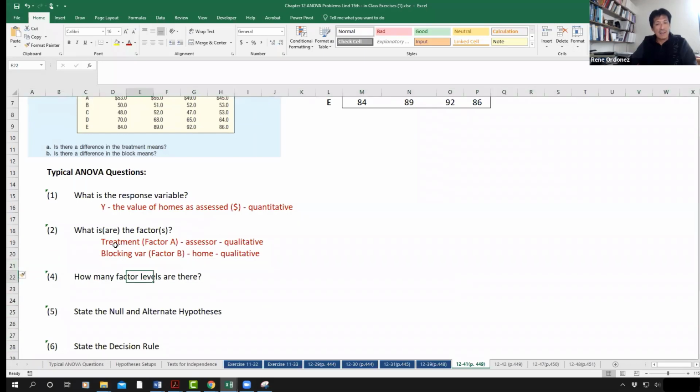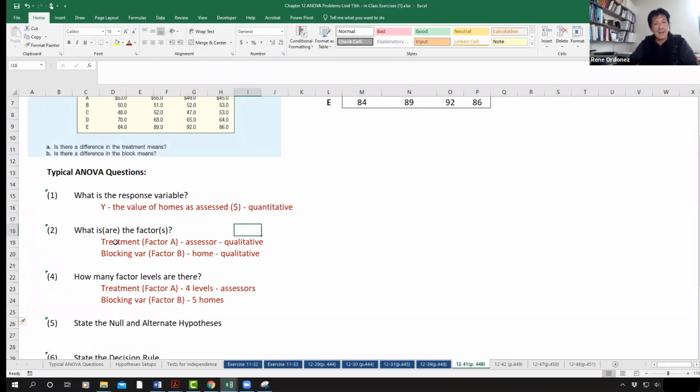How many factor levels are there? For treatment factor A, there are 4 levels, which are the assessors. For the blocking, 5 homes.